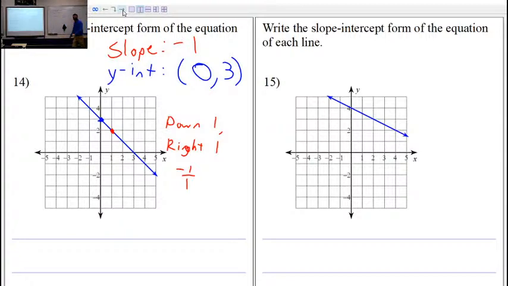So that means when we go to write our equation, we've got y equals, well, the slope we want to attach to our x. So let's attach negative 1 there. And then our y-intercept is at (0, 3), so the 3 is what goes into the equation, plus 3.